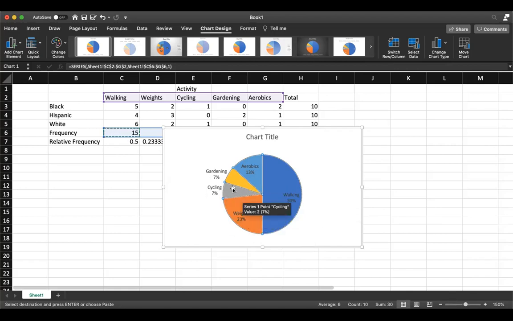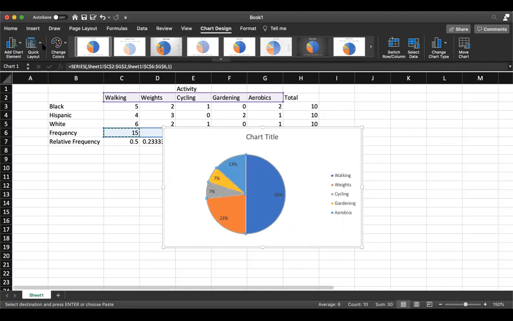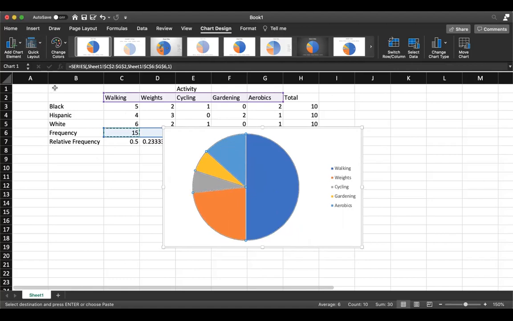These are the percentages that they added to it for us with our labels. You can add labels at the top. Quick layout lets you play with a lot of stuff. I want to do it with the relative frequencies and get to the slice size. I don't know how to do that though. Anyway, so that makes the pie chart for you.